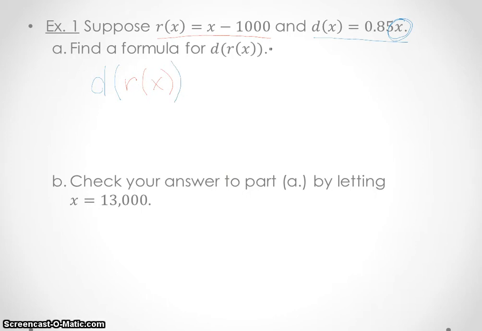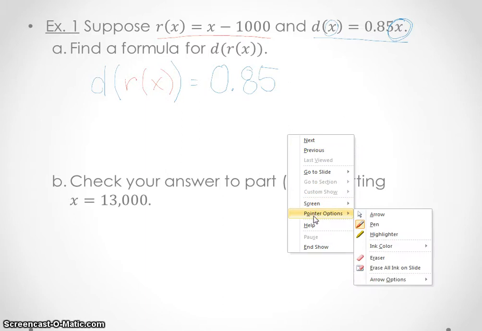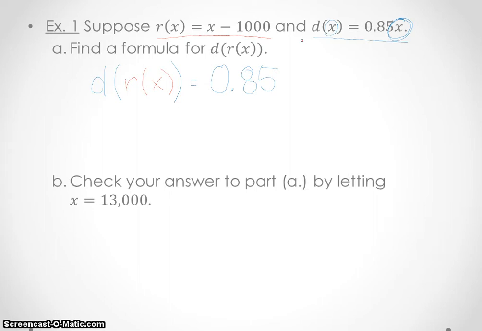And then in it, we put r of x right in here for x. And then on this side, we have d of x still, so 0.85. Okay, and then we flip, and we're actually going to put in r of x here. So I'm going to grab my red. And r of x, remember, is x minus 1,000. So I'm going to put this in parentheses. And I have x minus 1,000 here.